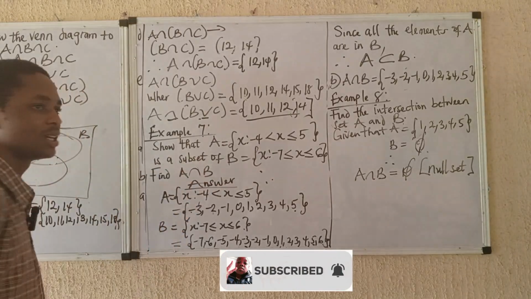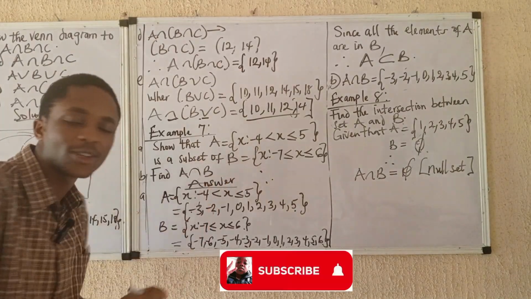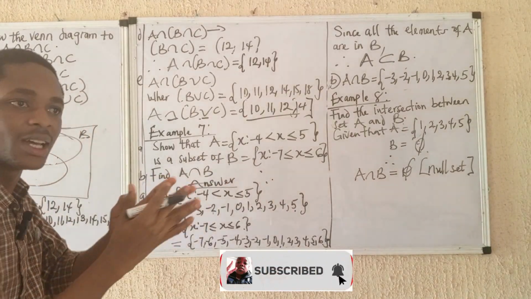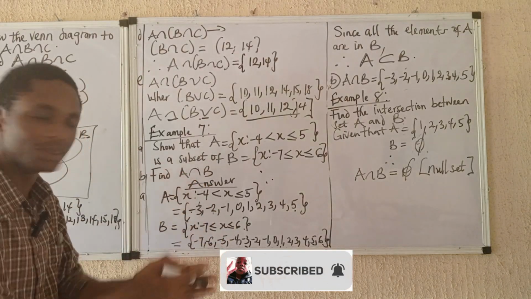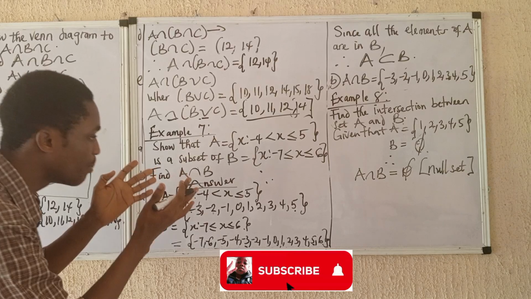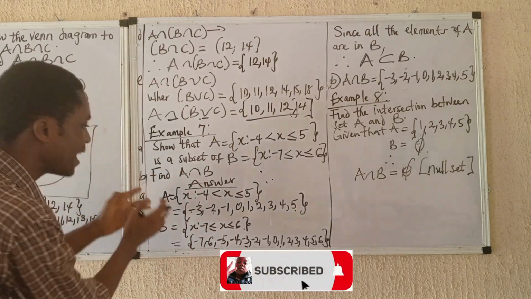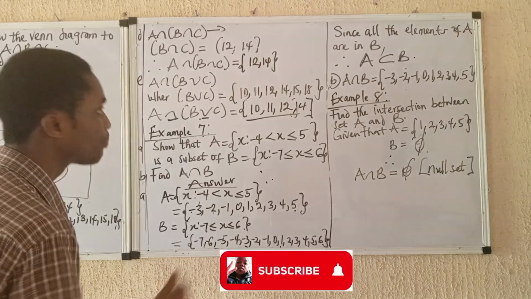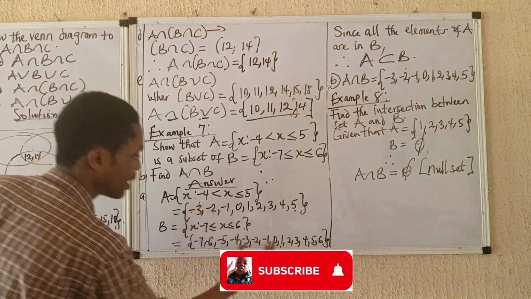Now part B says, after interpreting this, find the intersection between set A and set B. Intersection, I told you before, is the elements common to set A and set B. With this interpretation, the elements common to set A and set B are -3, because -3 is inside here, they are common.